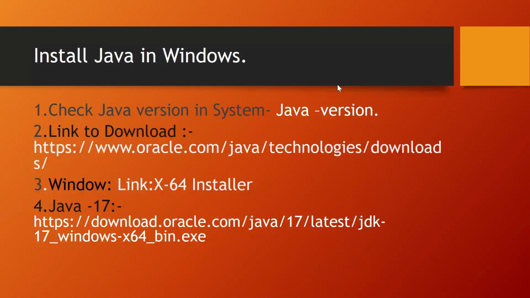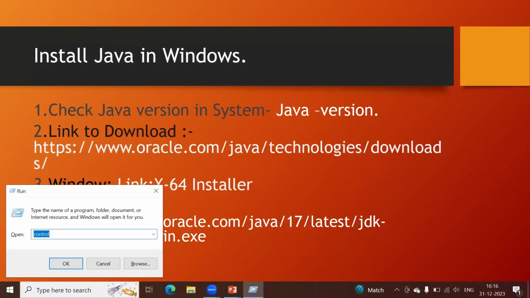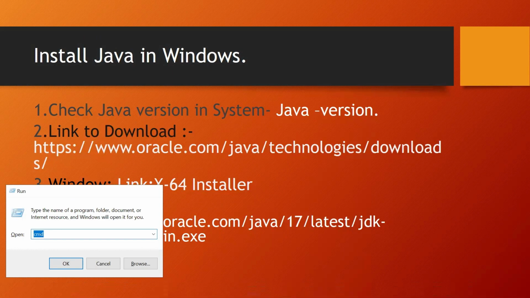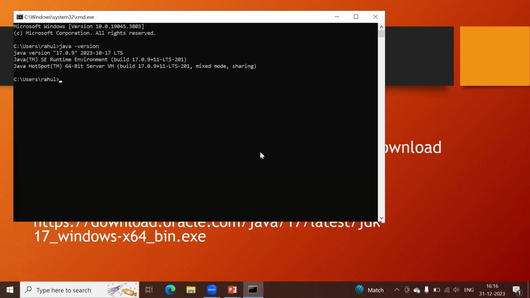Let's check through the command prompt whether Java is installed properly or not. So we will open the command prompt: I will press Windows plus R and type cmd. The command prompt will open here, and I will type java space dash version and click the enter button.